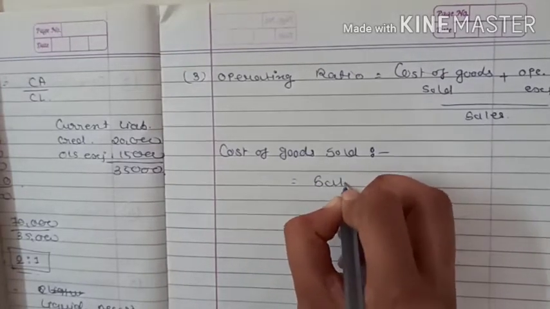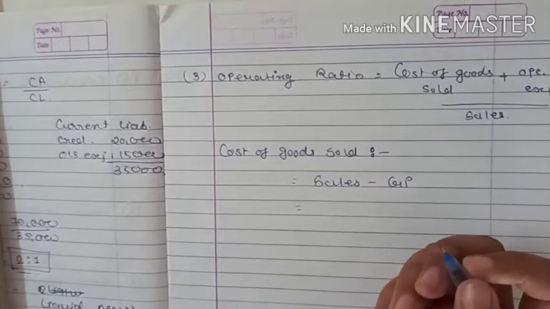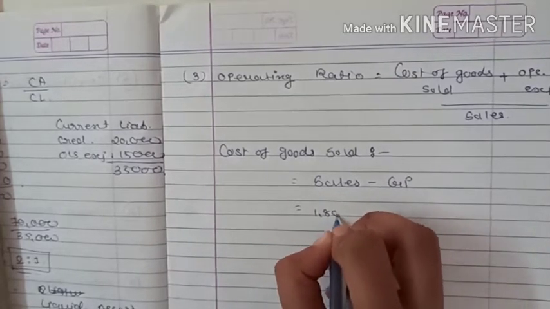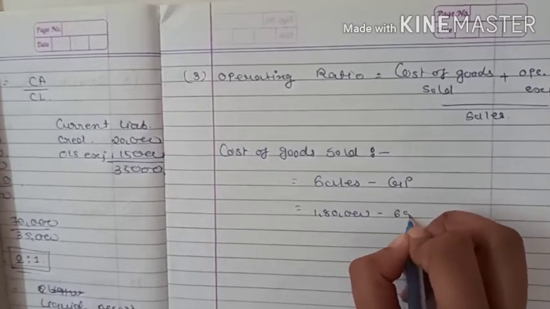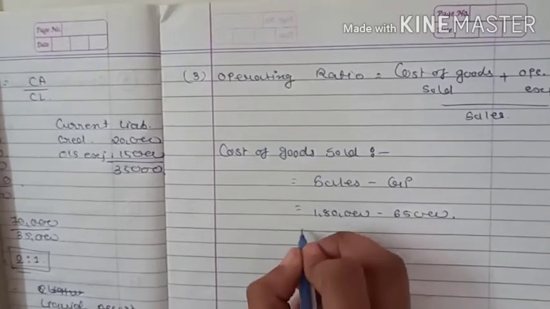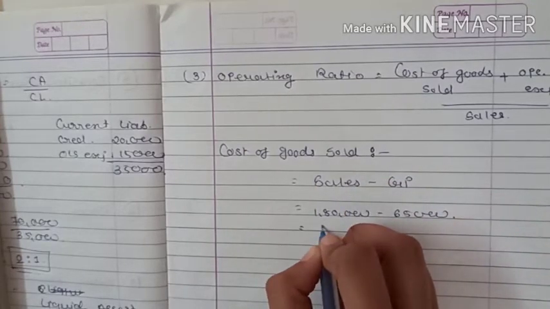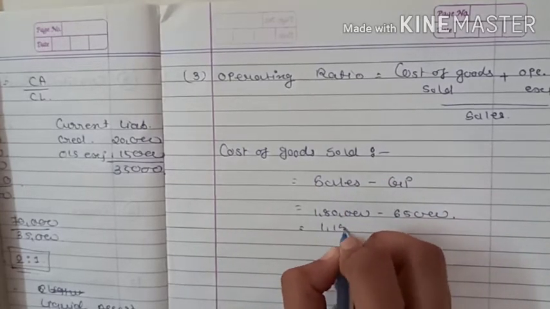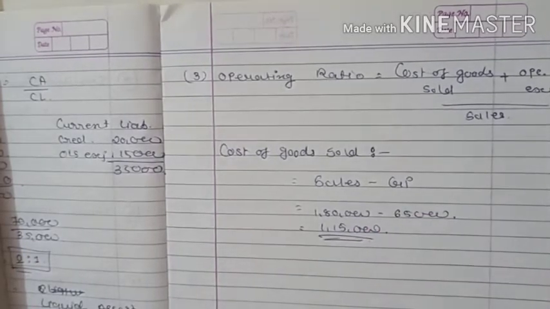So sales minus gross profit. Sales is given 1,80,000. Gross profit is given 65,000. We get cost of goods sold equal to 1,15,000. Right?